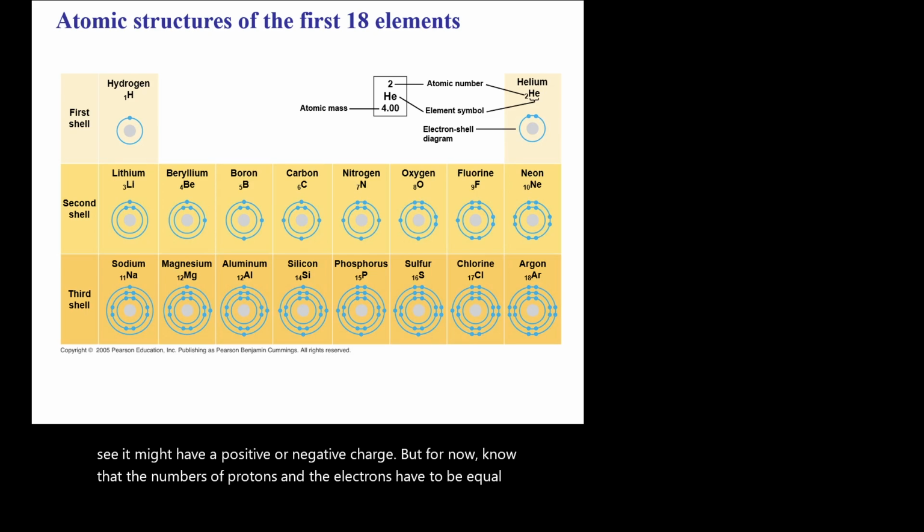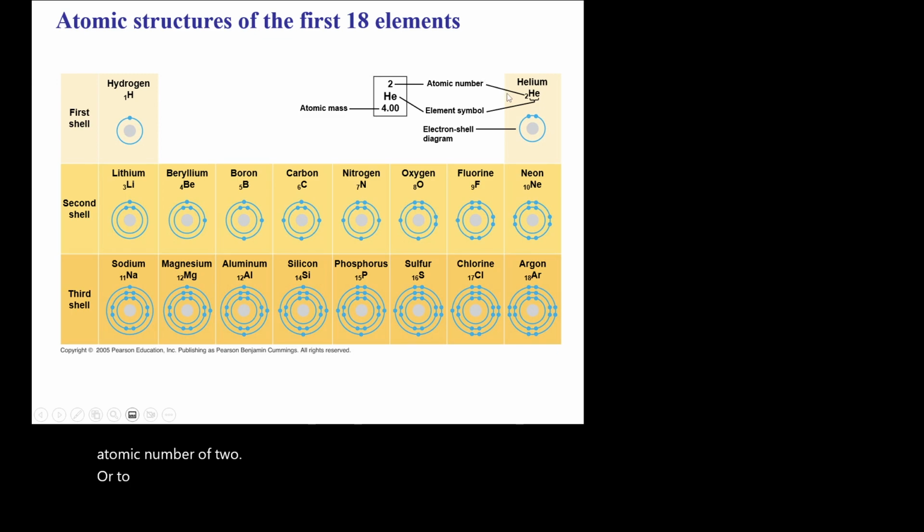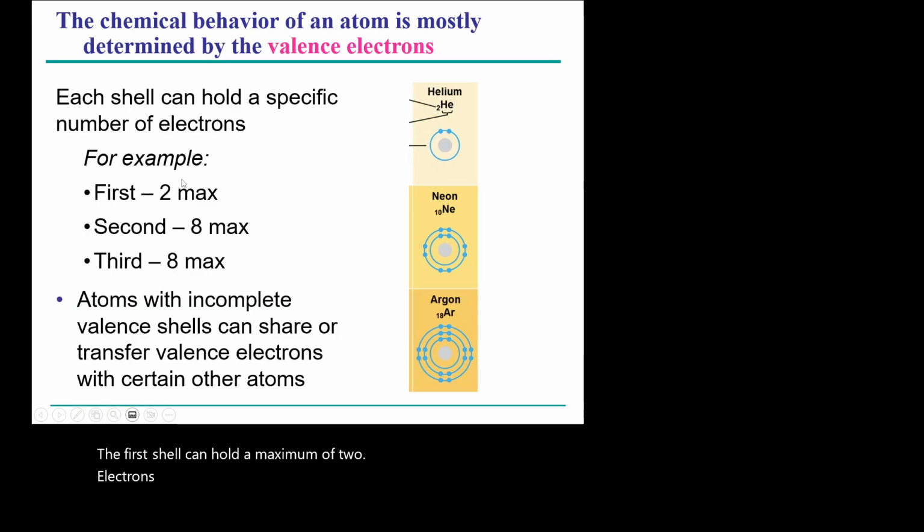So recall helium, as shown in the top right here, has an atomic number of 2, or 2 protons. So it's going to have 2 electrons. The first shell can hold a maximum of 2 electrons. That's one of the rules that we have to follow about drawing the atomic structures of the elements.